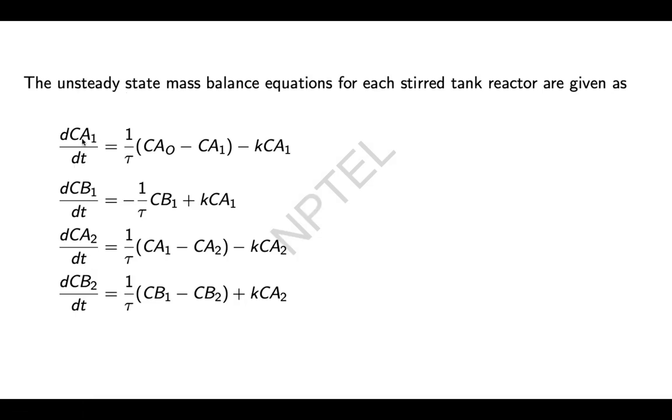So the ODE gives you CA1 and T, CB1 and T, CA2 and T. From that, you have to manually calculate the gradient and identify the point where the gradient is zero, when the gradients of all four have reached zero together. The minimum time at which all four equations have come to zero is called the time required for the system to attain steady state. So this is the logic behind it.